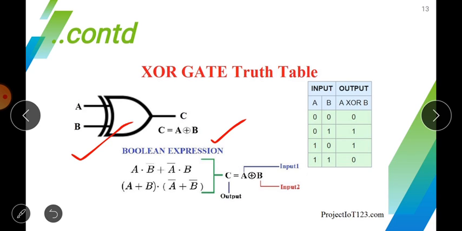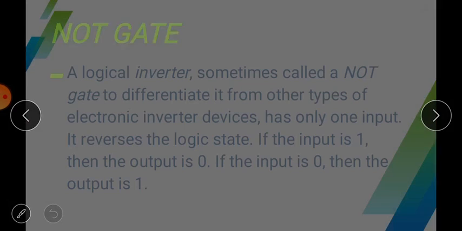As you can see in the truth table, when A and B both are false, then the output is false, and when A and B both are true, then the output is again false. The output is true only when either one input is true. So this is the XOR gate, and this is the symbol of the XOR gate.